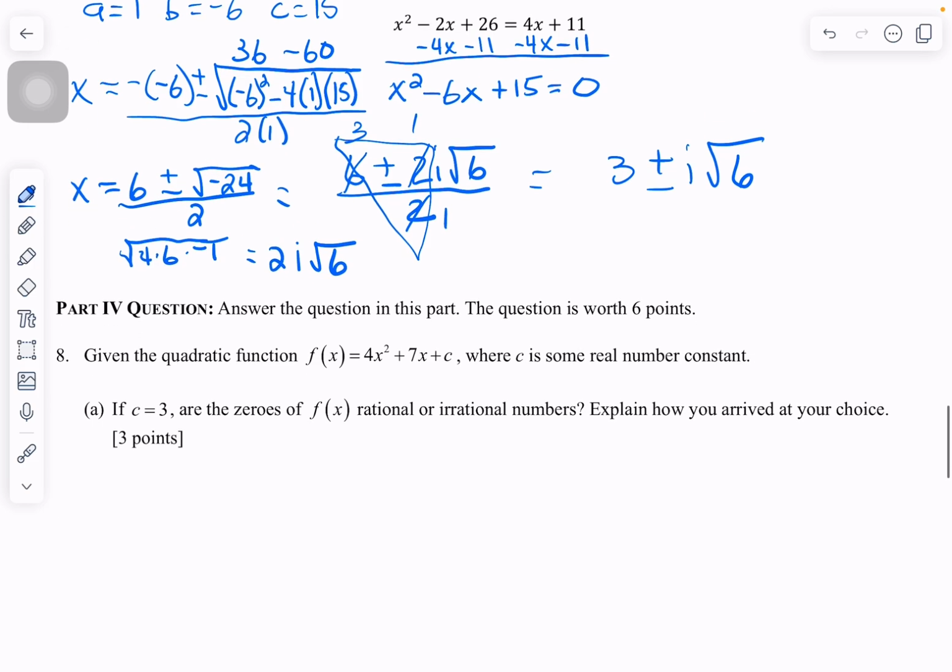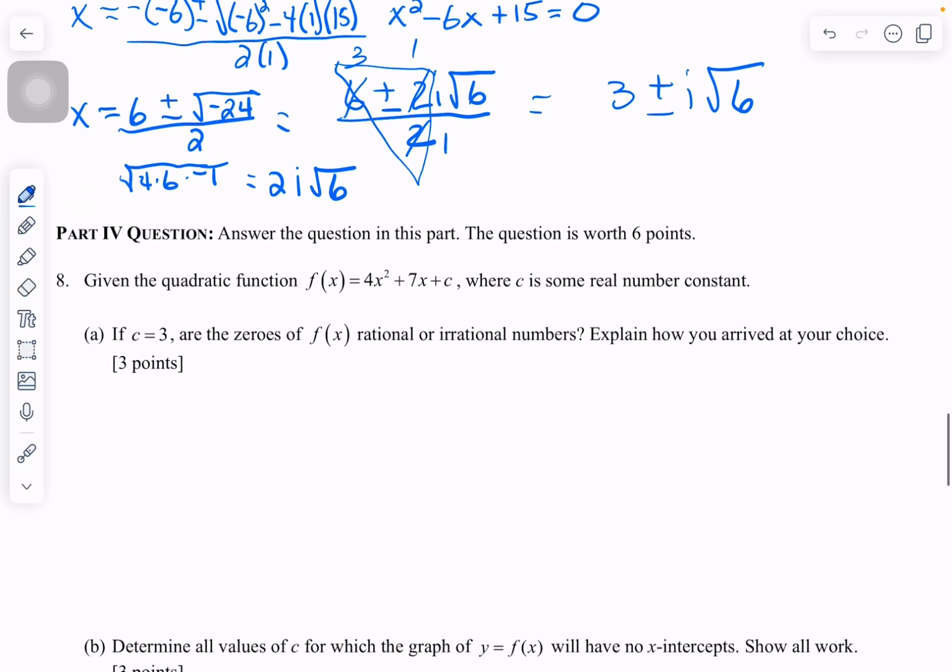All right, and the last one is an inequality one. They give you this function, and they say if c is equal to 3, are the zeros of f of x rational or irrational? So it's the nature of the roots. So we're going to get the discriminant is equal to b squared minus 4ac.